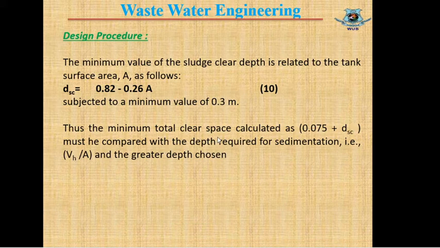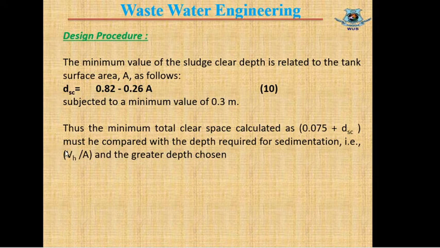This is the minimum clear space, and this value must be compared with VH by A, this sedimentation depth value, and whichever is greater is taken. What is VH by A?